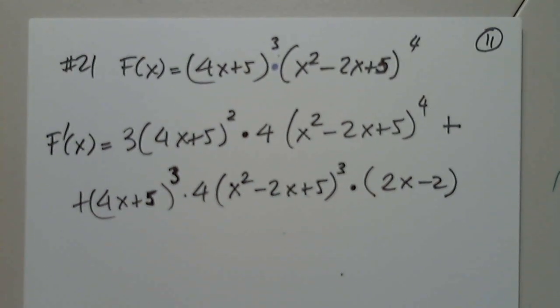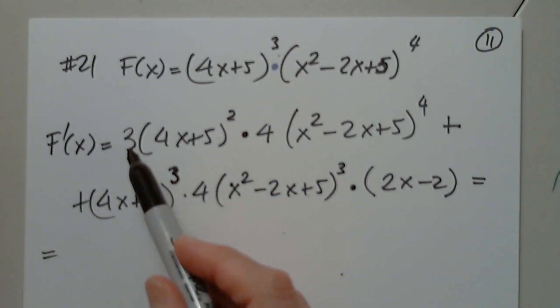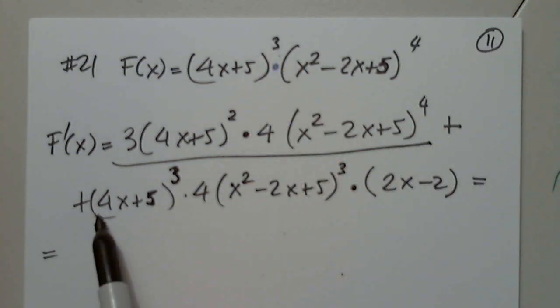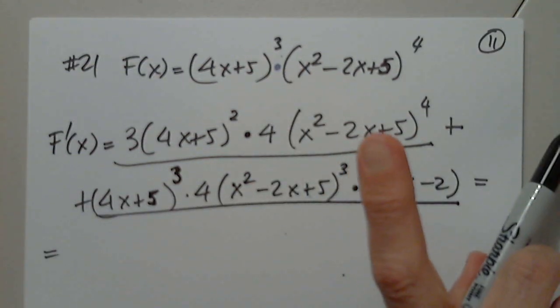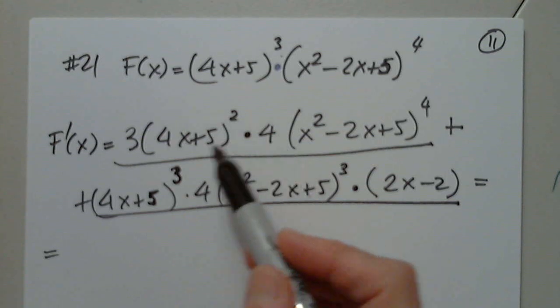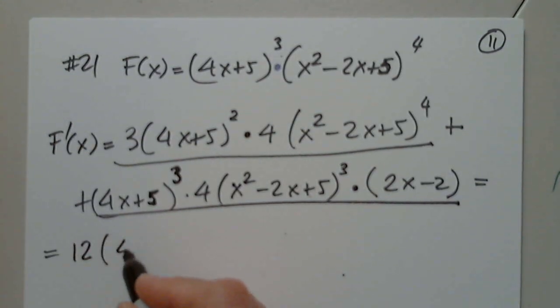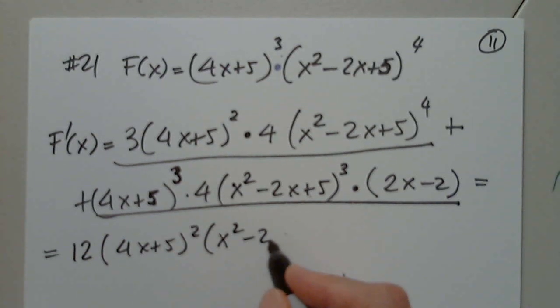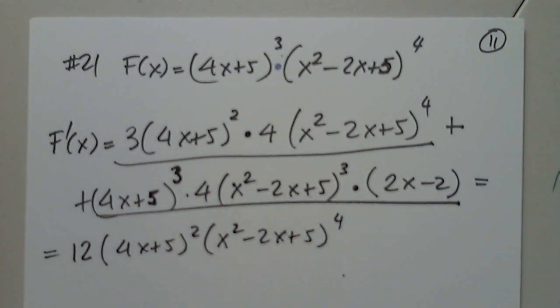Okay, at this point we have to simplify it. First of all, I'm going to multiply, because this is one term and this is the second one. So 4 times 3, 12, times 4x plus 5 squared, times x squared minus 2x plus 5 to the fourth, plus.